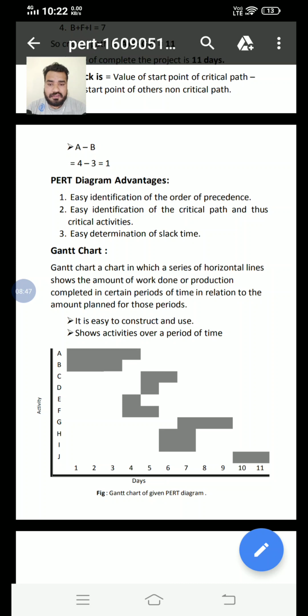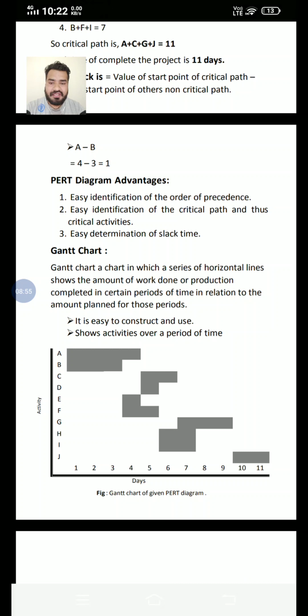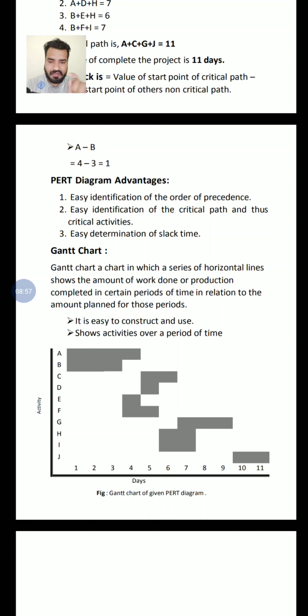From the diagram it is very clear that for completing the A, B activities we have taken approximately 4 days, but once we have completed 3.5 days, we started our next activity. We are switching from one phase to another phase.